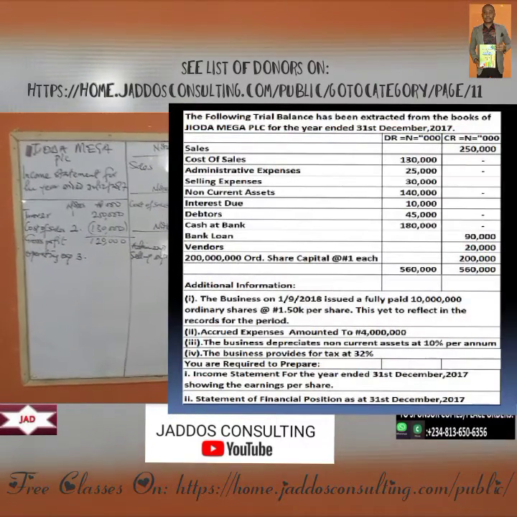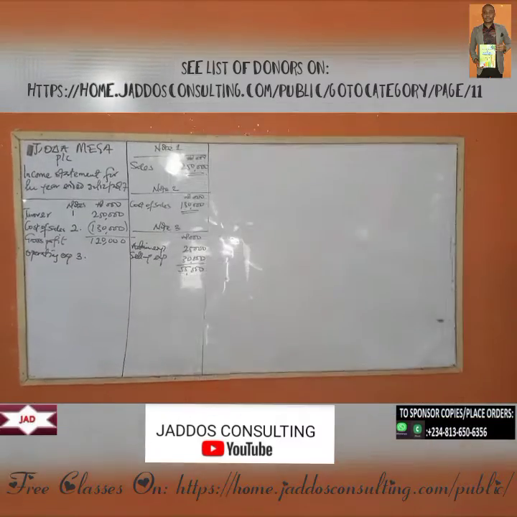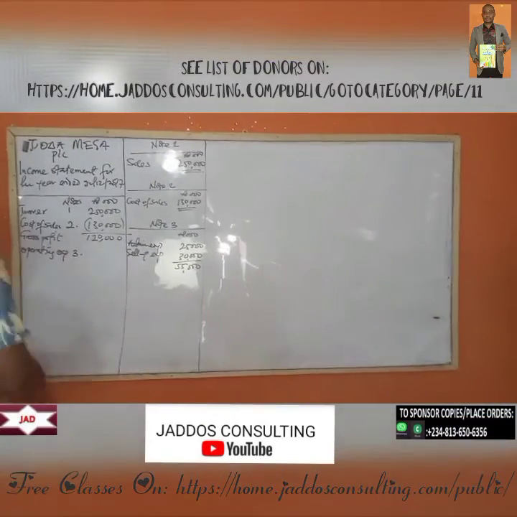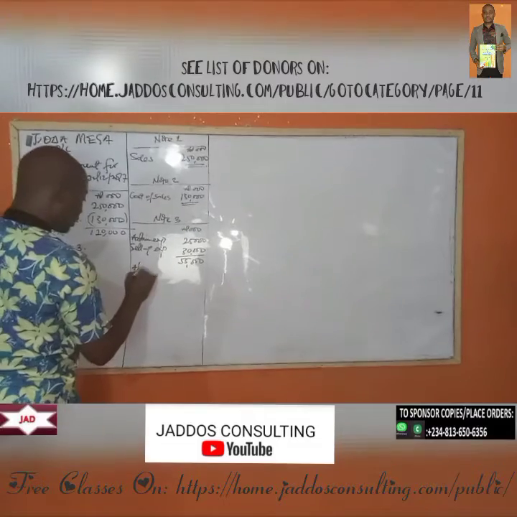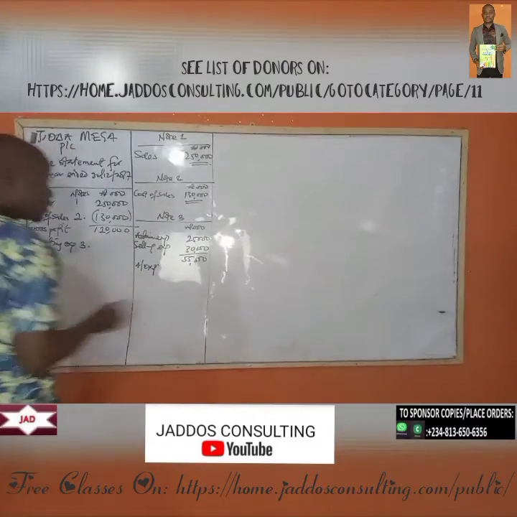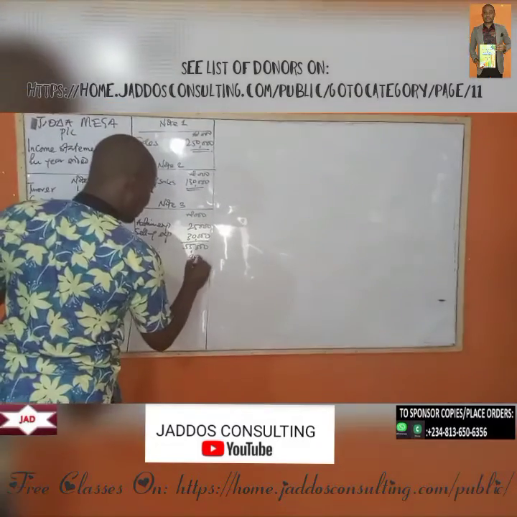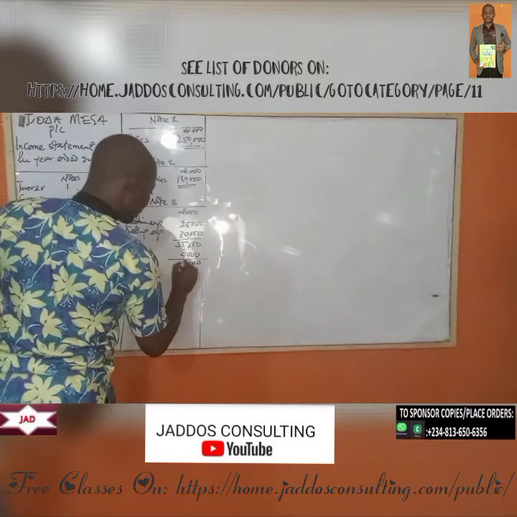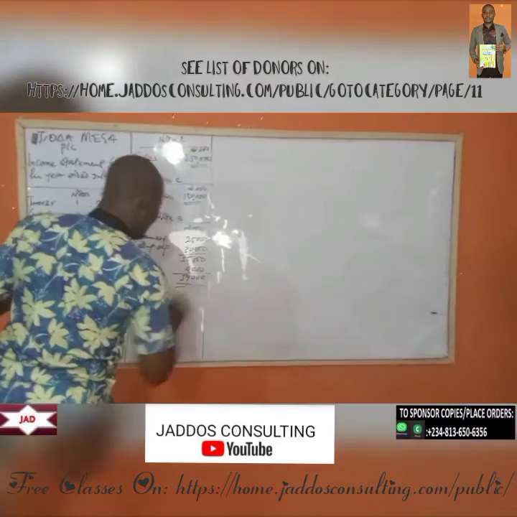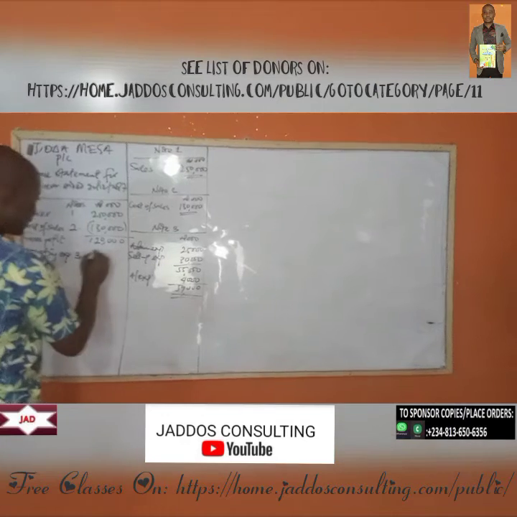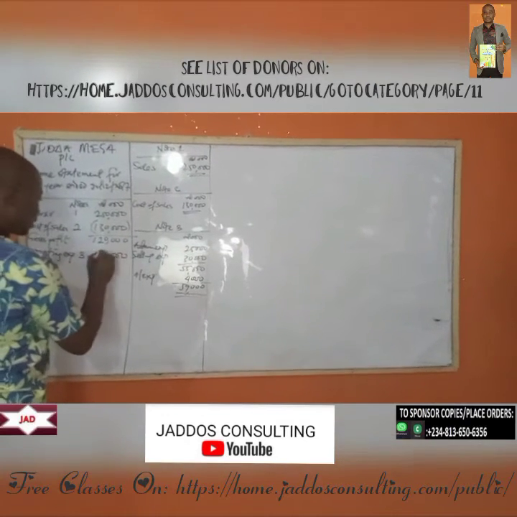So what do we have there? 4 million. So accrued expense will increase the expense. That's 4. So they have 0, 0, 0. This will be 9, 5. So operating expense is 59 million. Take that out.